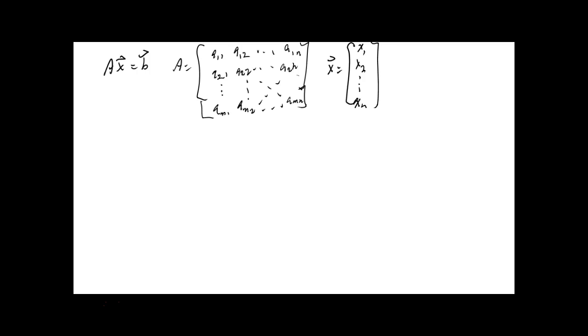But then your vector B is B1, B2, dot, dot, dot, down to B sub M, because you have M rows, you have to have an M by 1 at the end there. So you have an m by n times an n by 1 gives you an m by 1. These look sometimes like they have to be the same size. They're not. One's an n by 1, the other's an m by 1. So don't think they have to be that.